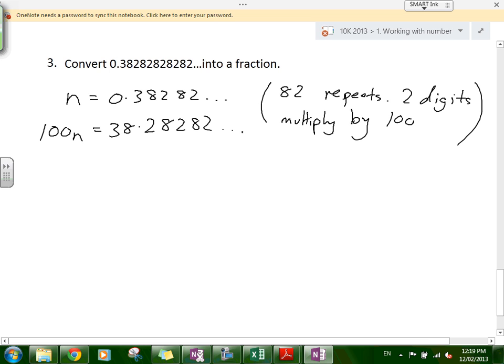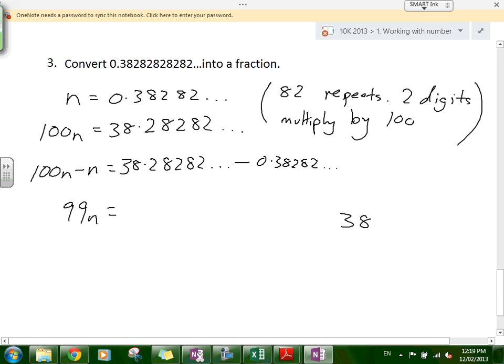Same thing again. We go, well, 100n minus n, and that's the same as the last one. That's 99 lots of n. But we also have 38.282828 minus 0.38282. If I do it with one on top of the other, 38.282 minus 0.382. What cancels out?